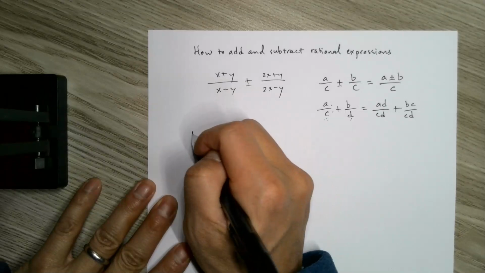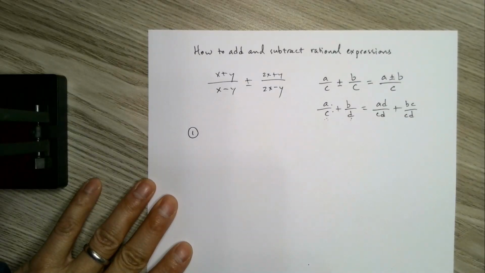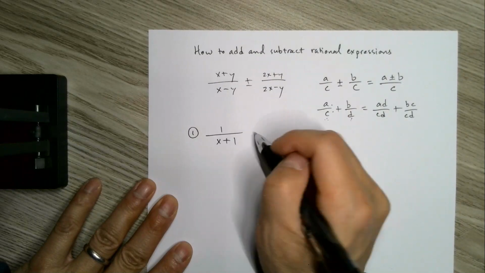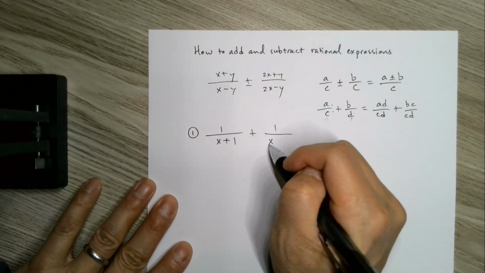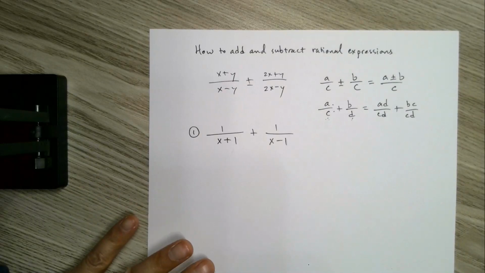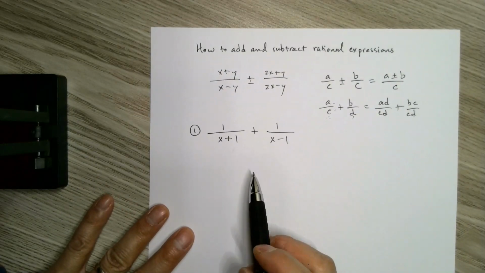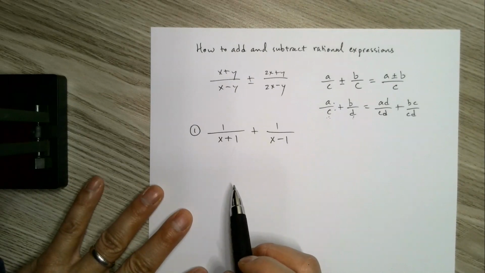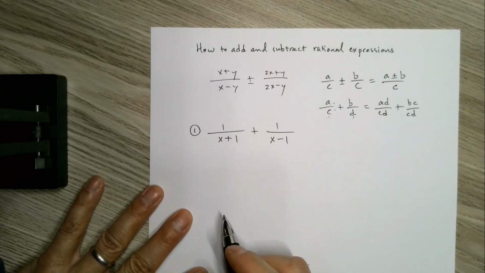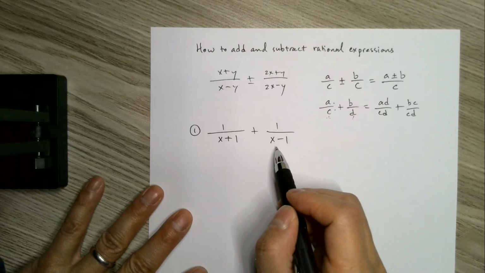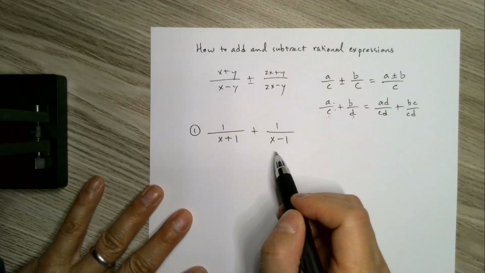So here's my example number 1, starting off with a very simple one. 1 over x plus 1 plus 1 over x minus 1. These denominators are not the same, so I do have to find the common denominator on my own. X plus 1 is also not a factor of x minus 1, or vice versa.